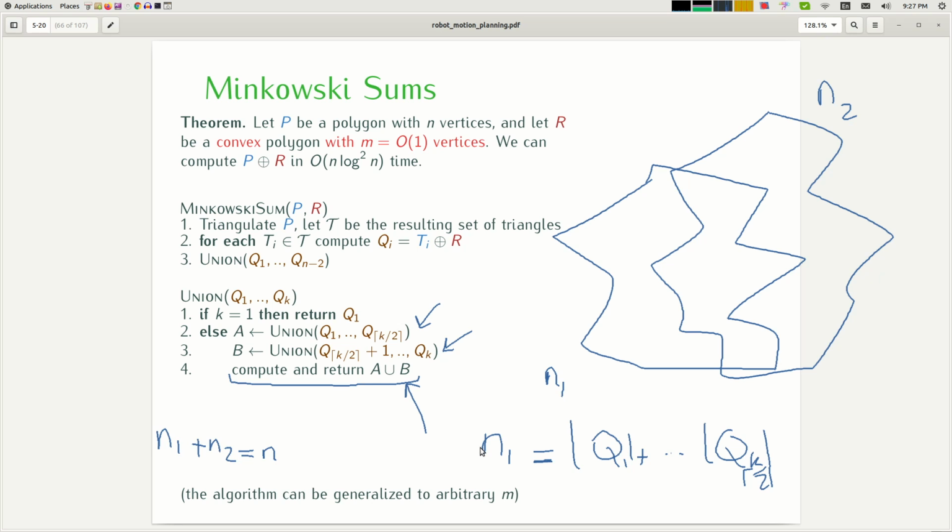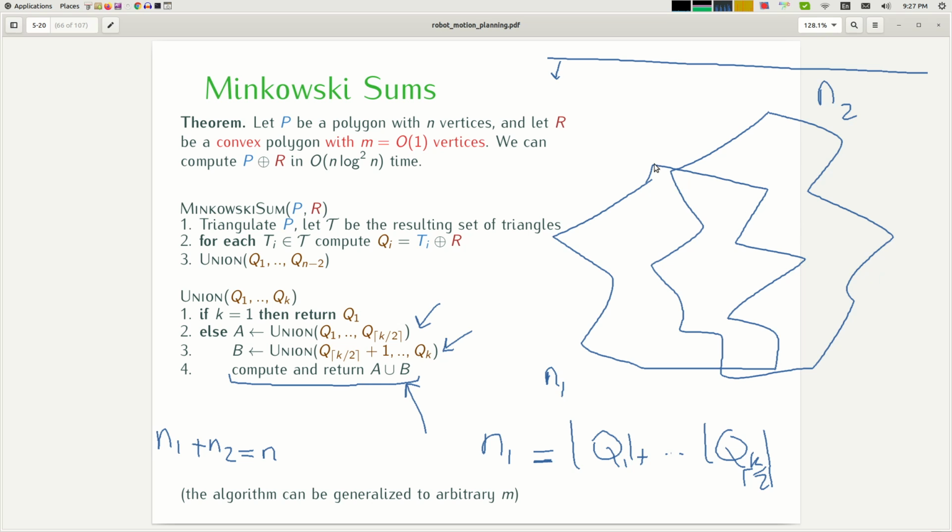Why? This is because every object is either here or here. Okay, so this is obvious. So now we compute the union of A and B with a sweep line algorithm. The genius of this approach is that we are now ignoring everything that is inside A and everything that is inside B. We have already deleted them.